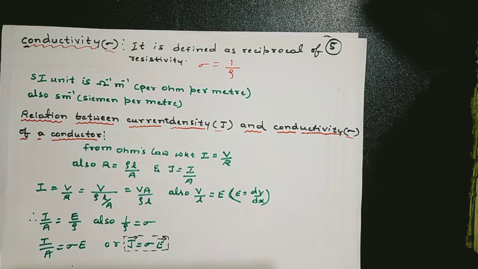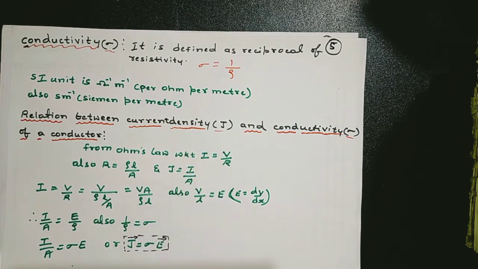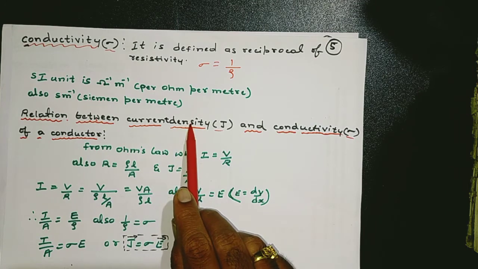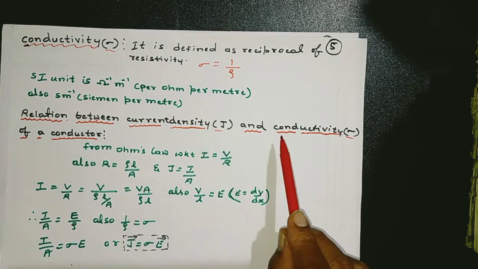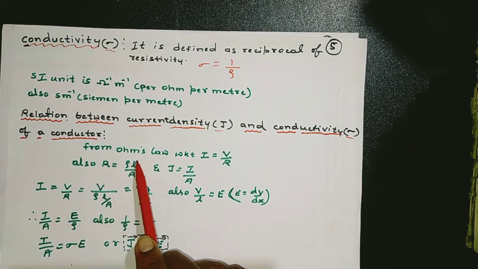Now we will derive a relation connecting current density, which, if you remember, is the current per unit area, and conductivity of a conductor. So we are trying to derive a relation between current density J and conductivity sigma of a conductor. We start with Ohm's law.